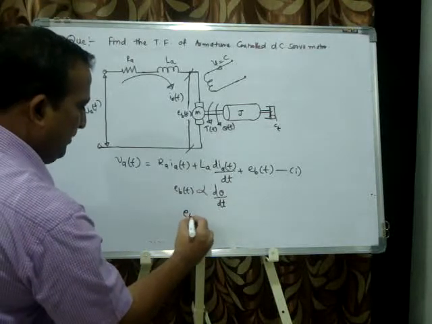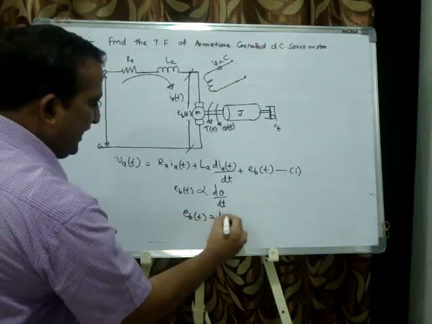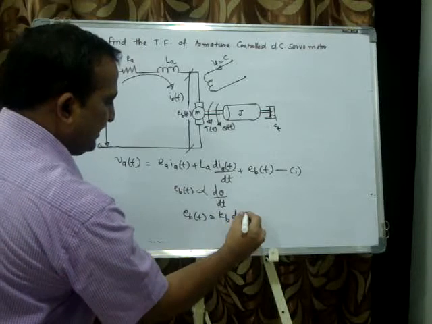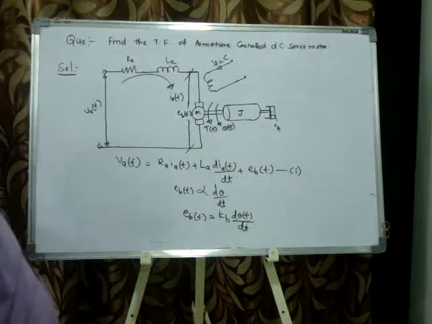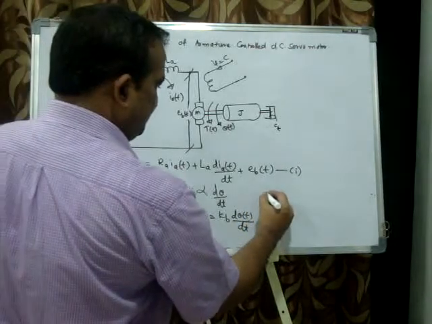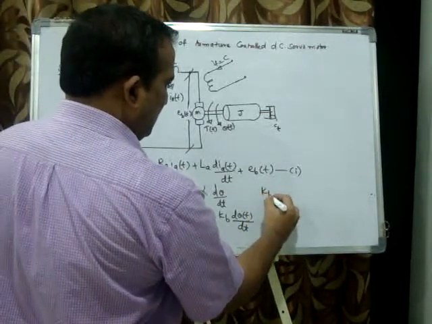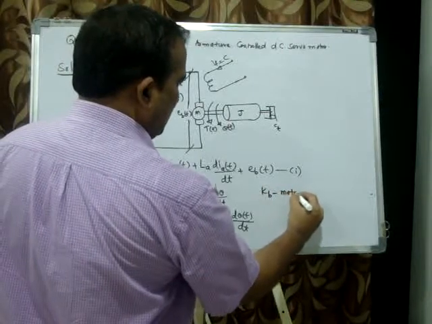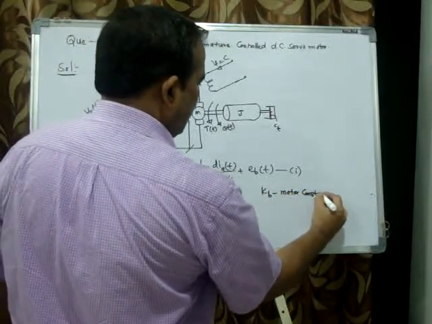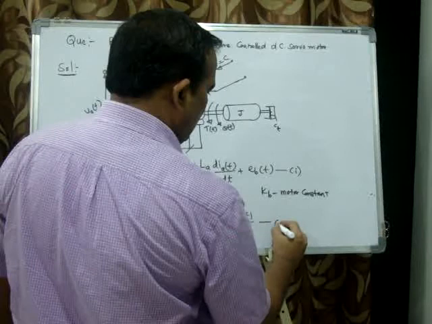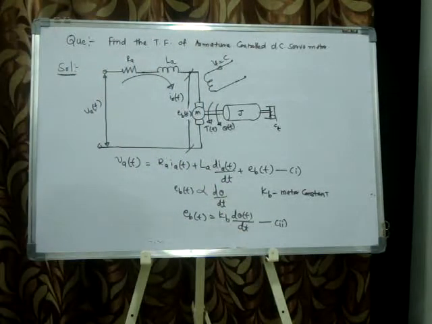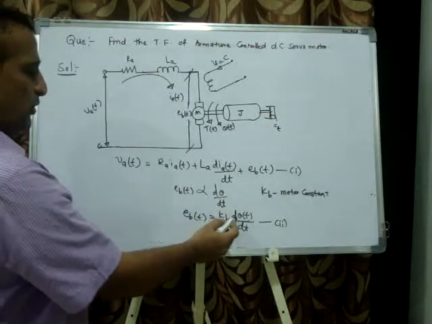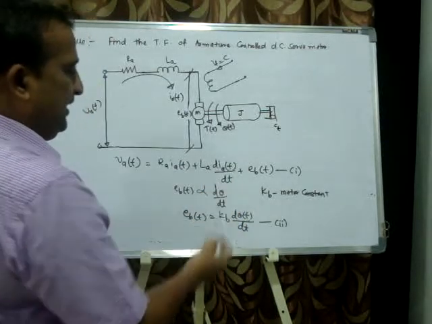So EB of t equals kb d theta by dt. What is kb? kb is called the motor constant. This is equation number 2. This is called the electromechanical equation, because the input is electrical and the output is mechanical velocity, d theta by dt.